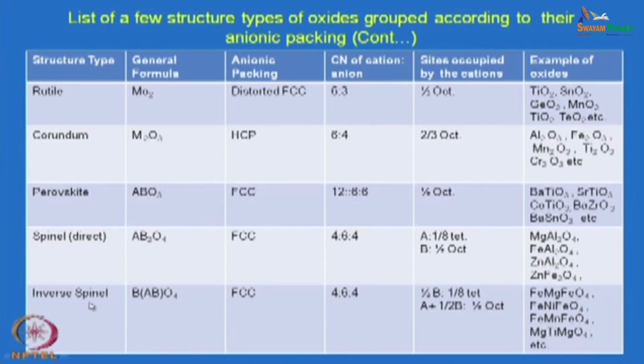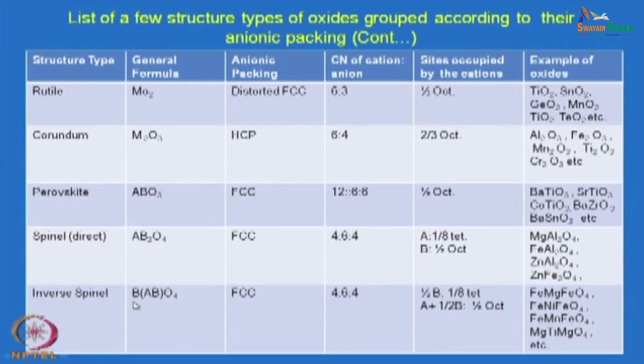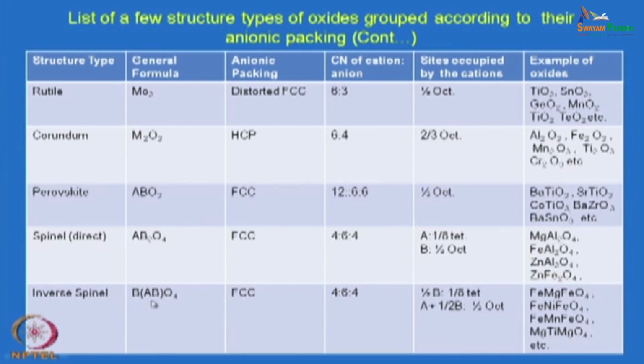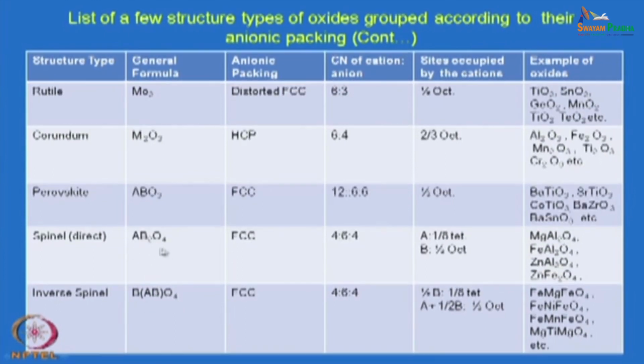The last variety in this series is inverse spinel, and the general formula is BABO4. Here it was AB2O4. Incidentally, there A is divalent and B is trivalent. Here A is divalent, B is tetravalent.